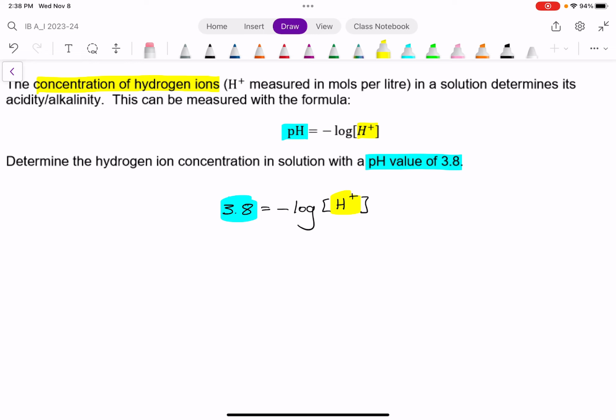Well, I can't immediately think about this in exponential form because of this negative in the front. This is a coefficient of -1. And I need to think of it as just a logarithm, not minus logarithm, on one side. So I can take care of that easily. I can multiply both sides by -1 or divide both sides by -1, and I get this expression. -3.8 equals the log, and again, base 10, which I don't have to write, of my hydrogen ion concentration.